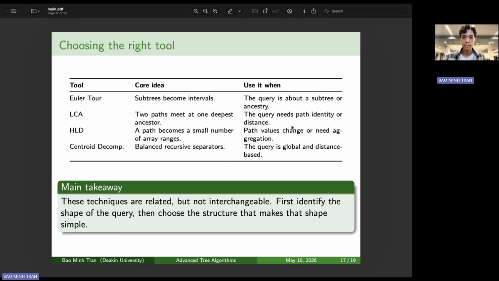So briefly, again, the Euler tour will compute the subtrees. LCA will find the path between 2 nodes efficiently in logarithmic time. Heavy-light will do computations on a path in log n, or actually log squared n. And centroid decomposition will deal with queries on the whole tree.